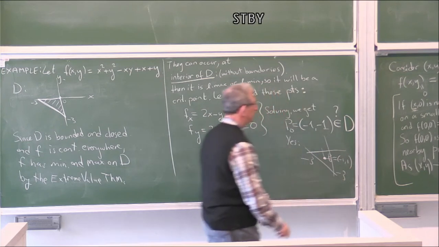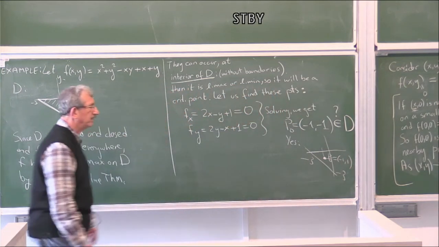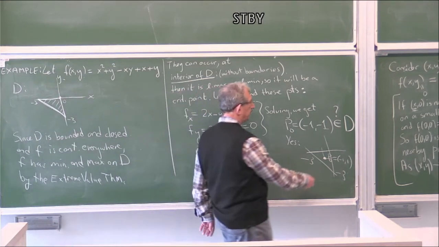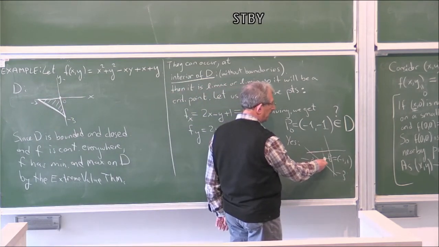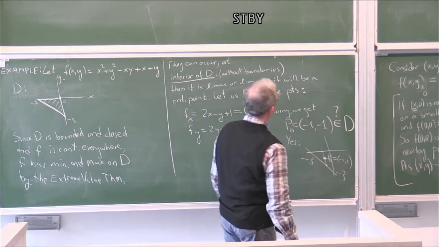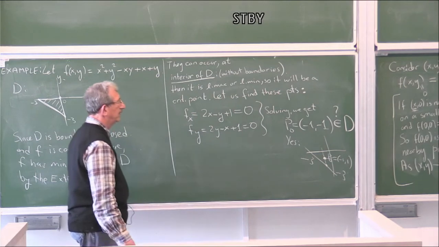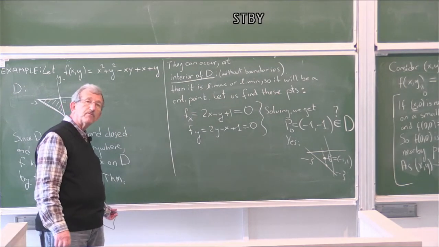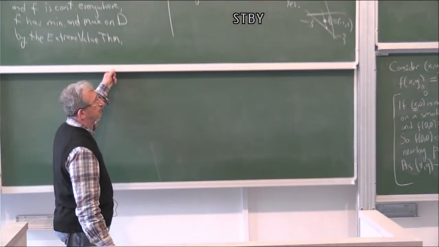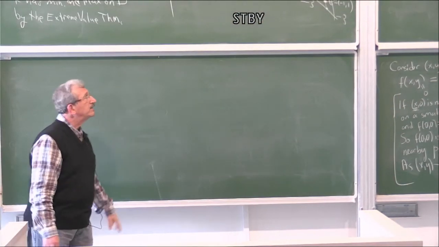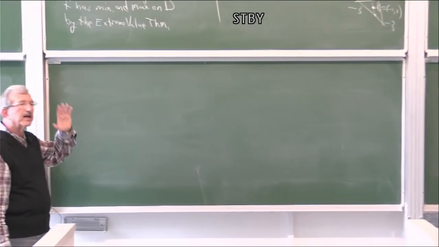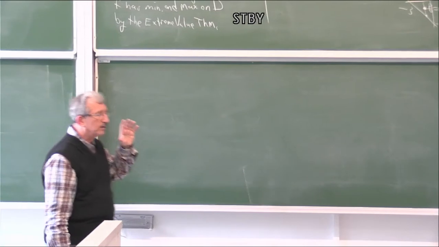By any method about the plane you want to use. Well, you can check that at minus 1, the y value is bigger than this value, and so on. So it is possible to check that. Which means this is one of the points we have to take into consideration. And there's only one point. So this is the only critical point, and it is inside D, so we will consider it.